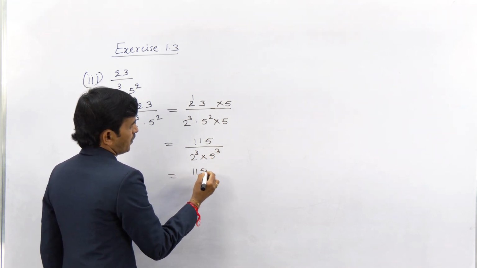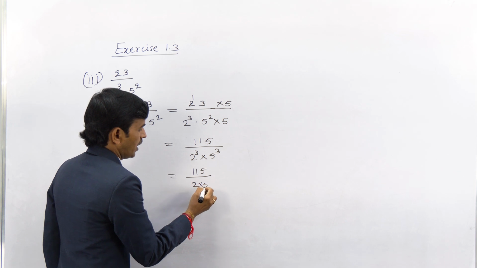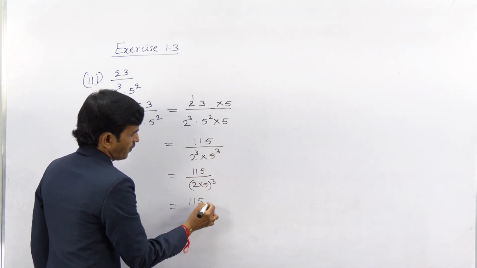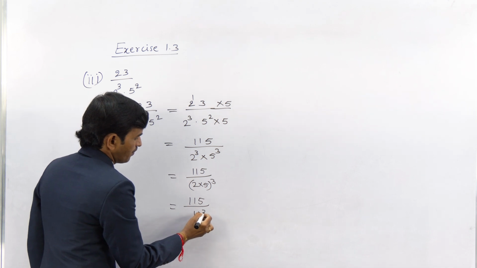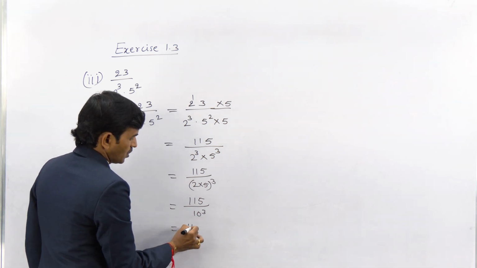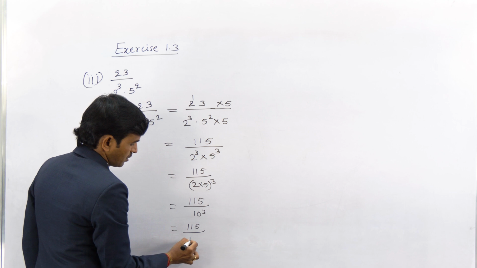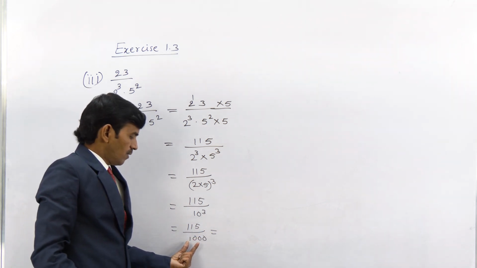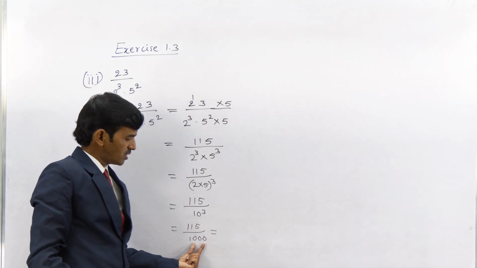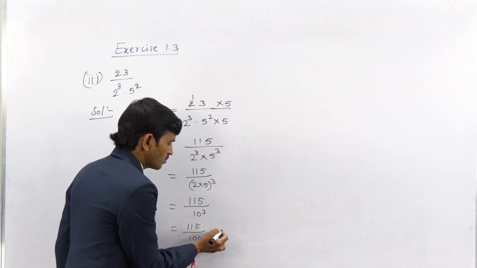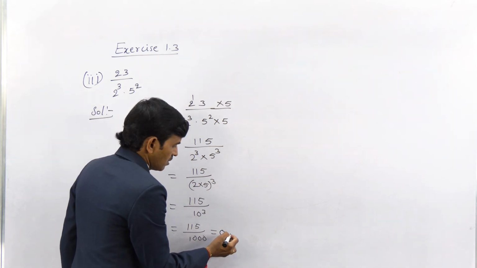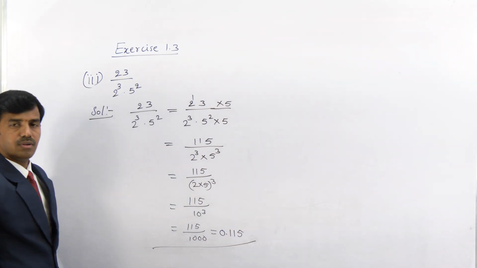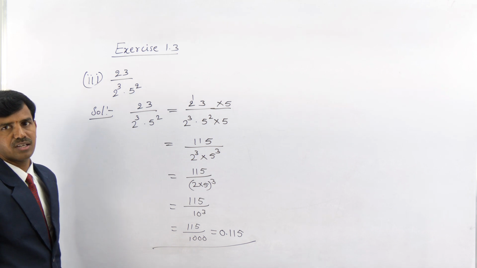That is 115 by 2 into 5 whole cube, which gives us 115 by 10 cube, which is equal to 115 by 1000. So now as the fraction consists of 3 zeros in its denominator, we can take the decimal point as 0.115, which is the required decimal expansion.